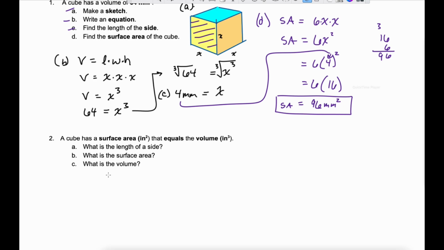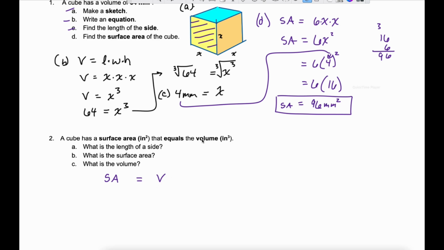We're trying to find where the surface area equals the volume. This is a little more abstract, but kind of interesting: what do the dimensions need to be for the surface area number to equal the volume number? Even though the units don't work out, that's okay.